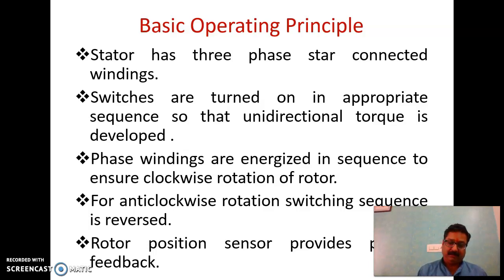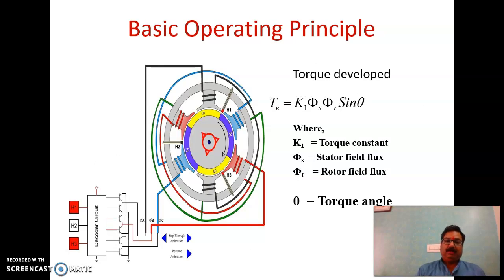So corresponding operation can be achieved. And the Hall effect sensors are responsible for obtaining the rotor position, and they sense the rotor position and give the feedback. This is the basic diagram of how it operates.